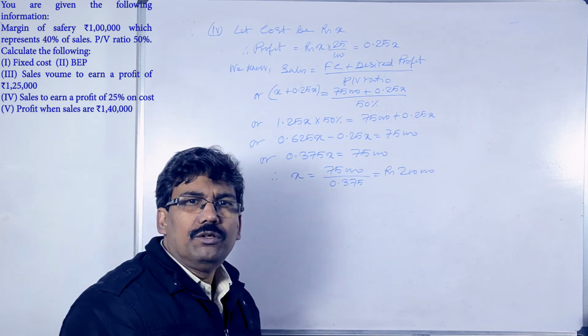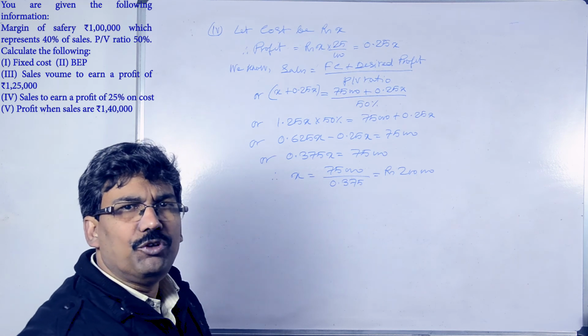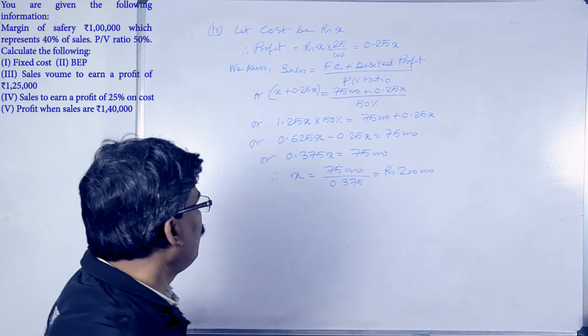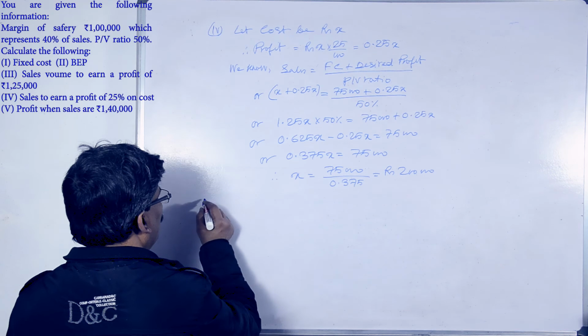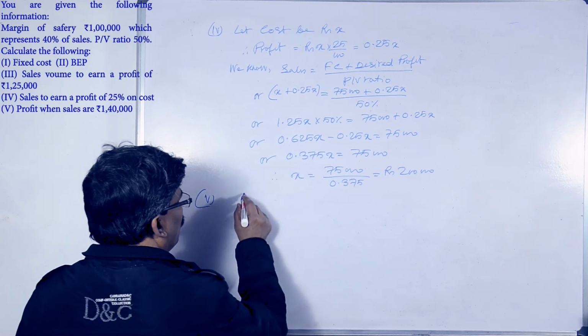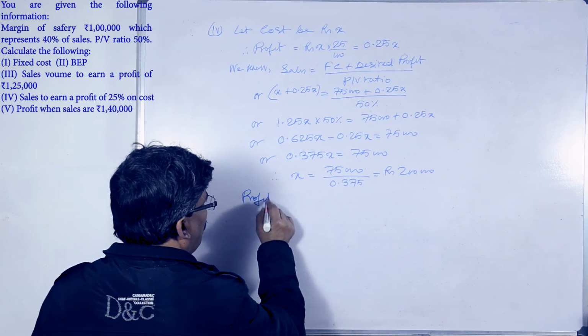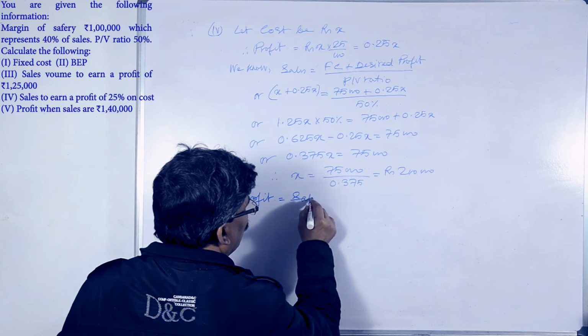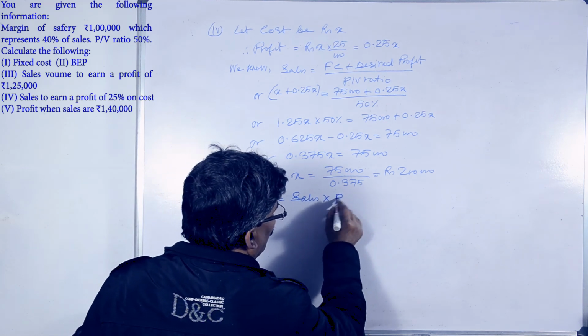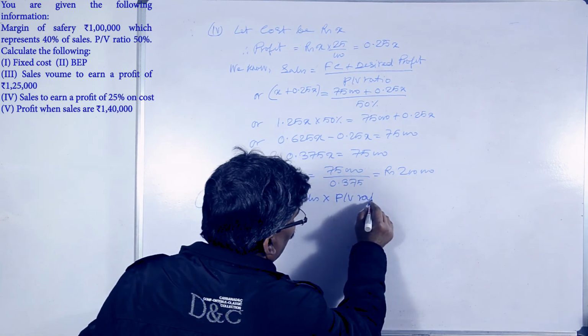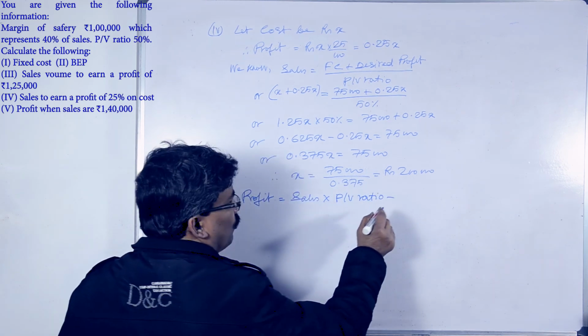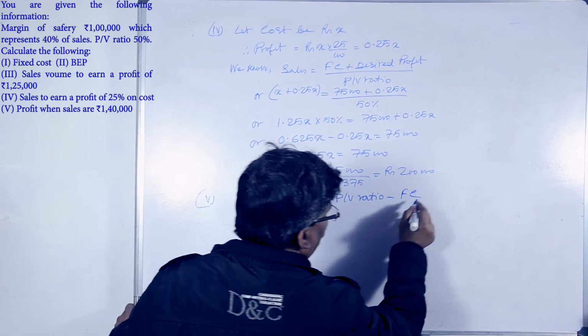Now we have to calculate profit when sales are rupees 1,40,000. When sales are rupees 1,40,000, we know the very easy formula to use. Profit equals to sales into PV ratio minus fixed cost.